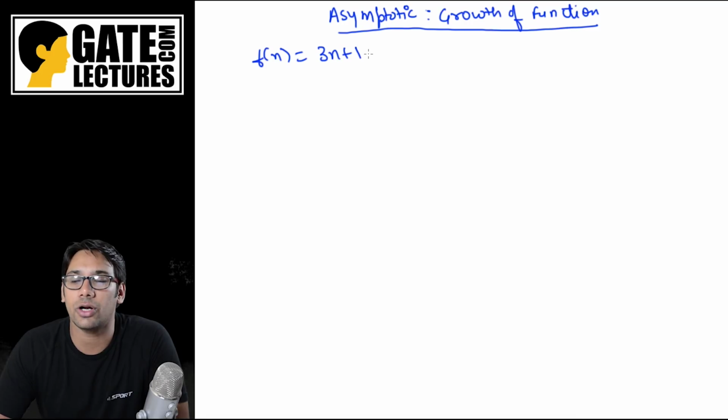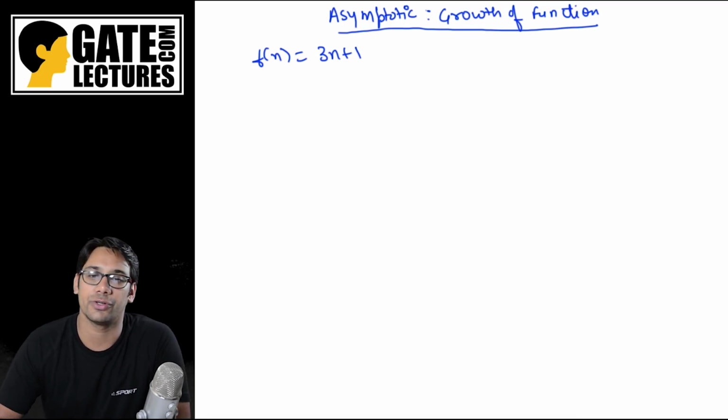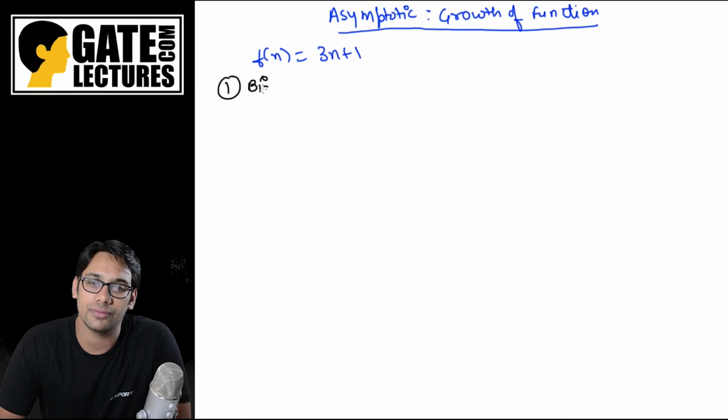So this asymptotic rate of growth of a function is going to tell us at what rate a function is growing. In asymptotic notations, we use three types of notation. The first is the big O notation. The second is the big omega notation.